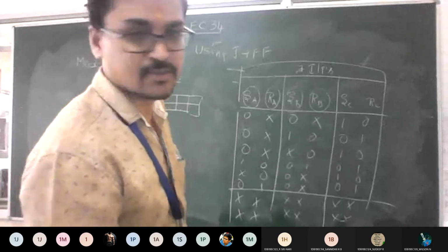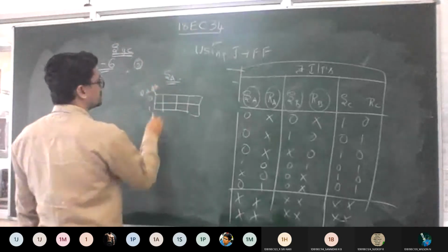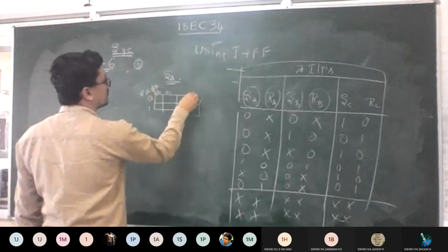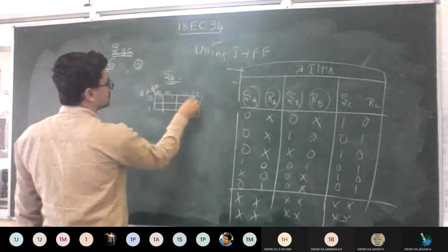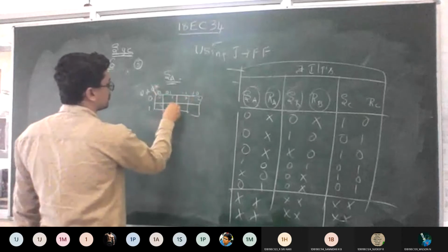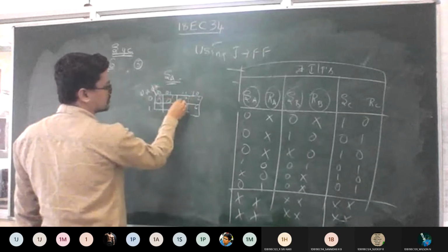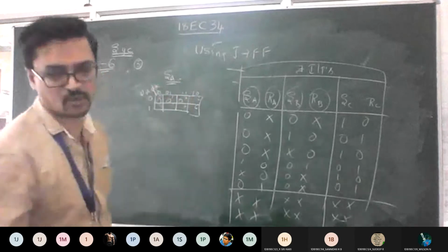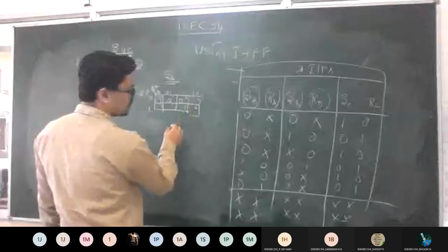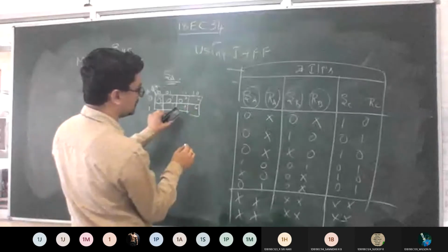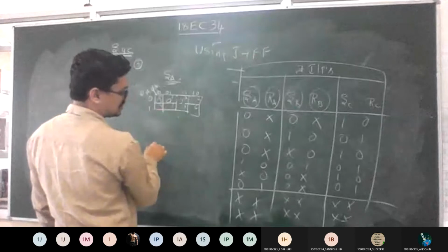So fill this QA, QB, QC. So 0 0 0, 0 0 1, 0 1 0, 0 1 1. So what do we fill here? 0, 1, 2, 3, 4, 5, 6, 7. So it's 0, 0, 0. If you want only that, you can fill, or it's your wish. 3 is 1 here.